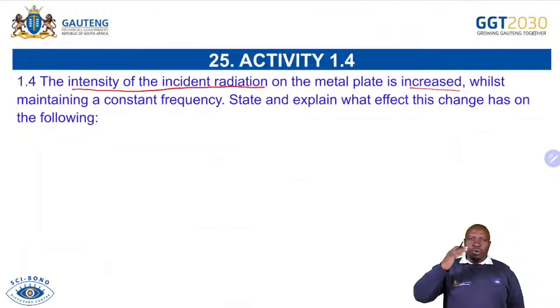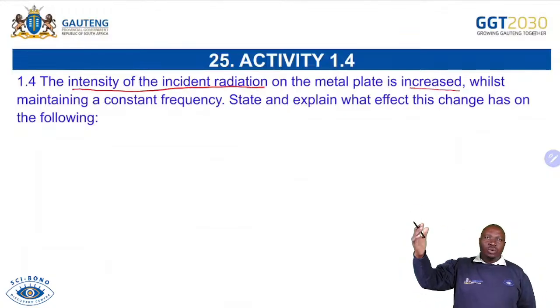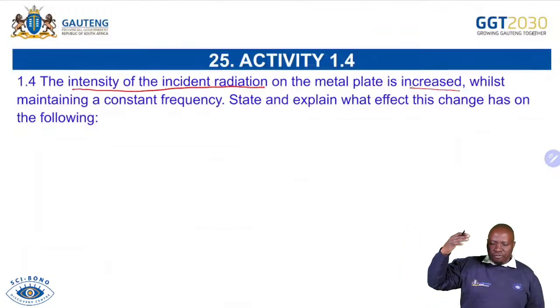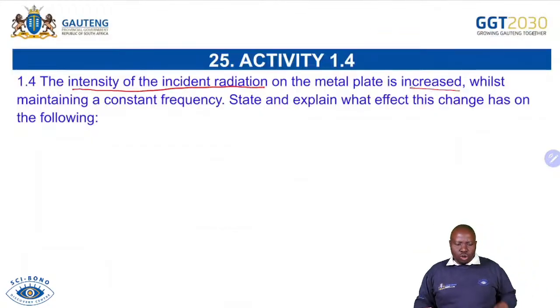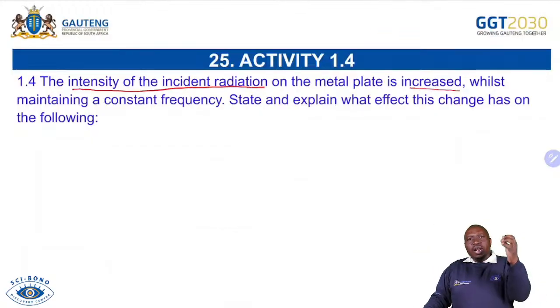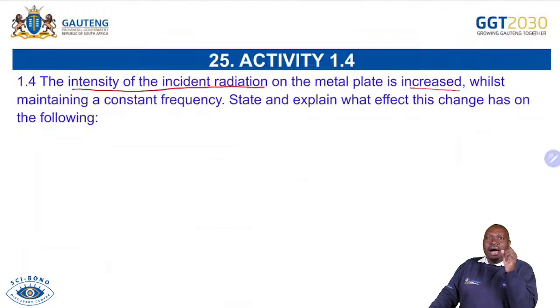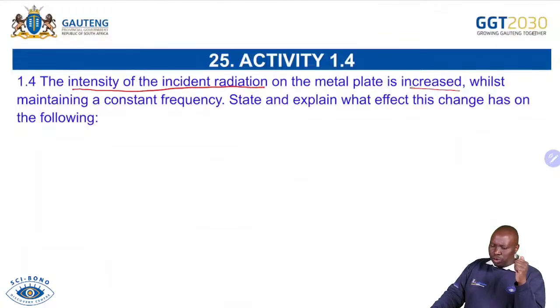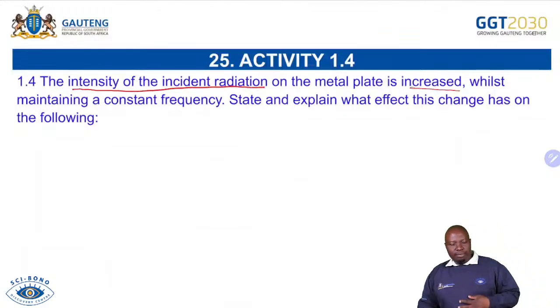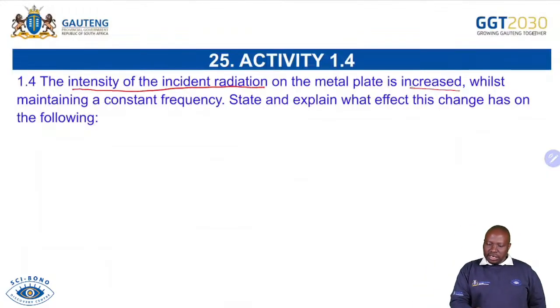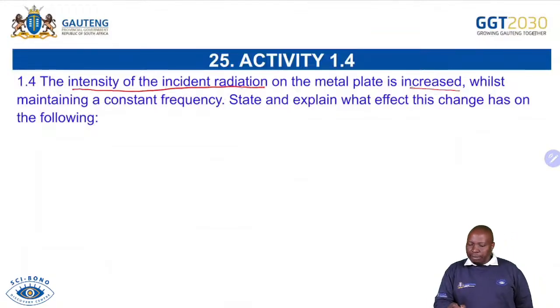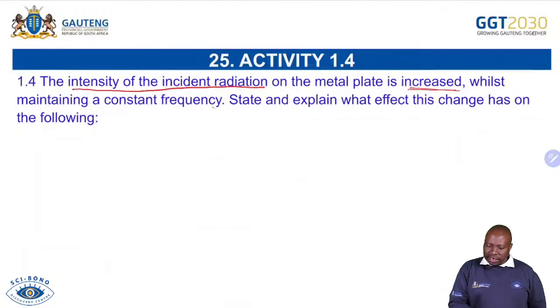And don't forget, when we increase intensity, what does it mean? We're increasing the number of photons per unit time. So you got to know that it's the number of photons, but all these photons carry the same amount of energy. I want to emphasize this because when you have that information, definitely it's going to work for you and you will be able to answer many questions. The intensity of the incident radiation on the metal plate is increased while maintaining a constant frequency.